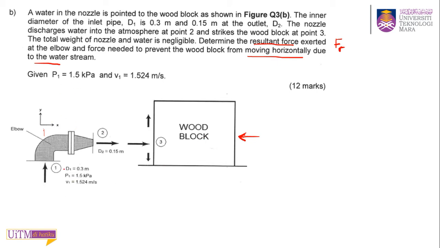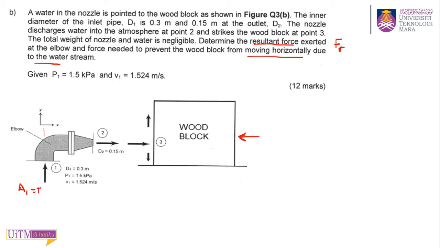So given P1 1.5 kilopascal and V1 1.524. Okay, easy. They give you everything. So first, because you have D1 and D2, straight away you can find your A1.